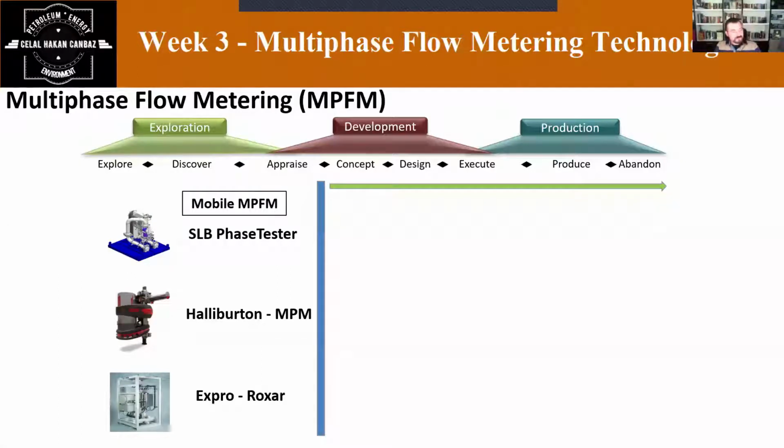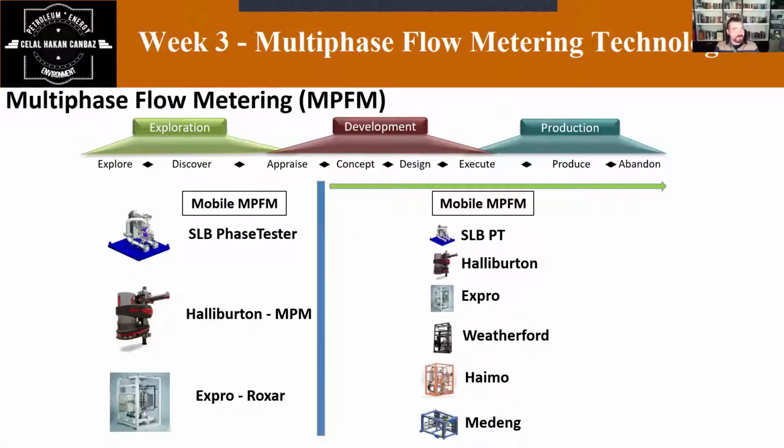When it comes to the development and production phases, of course, you have more idea regarding your reservoir. You know what type of fluid you are producing, what your productivity index is, and what type of recovery you have from your reservoir. So you have more idea regarding the characteristics of your field.